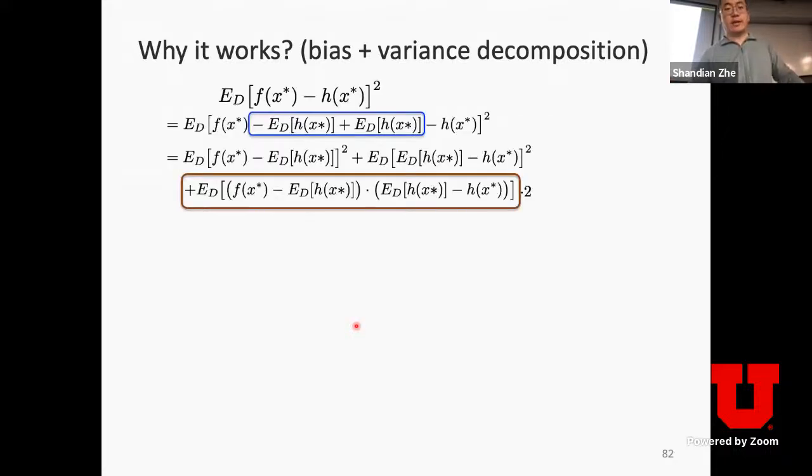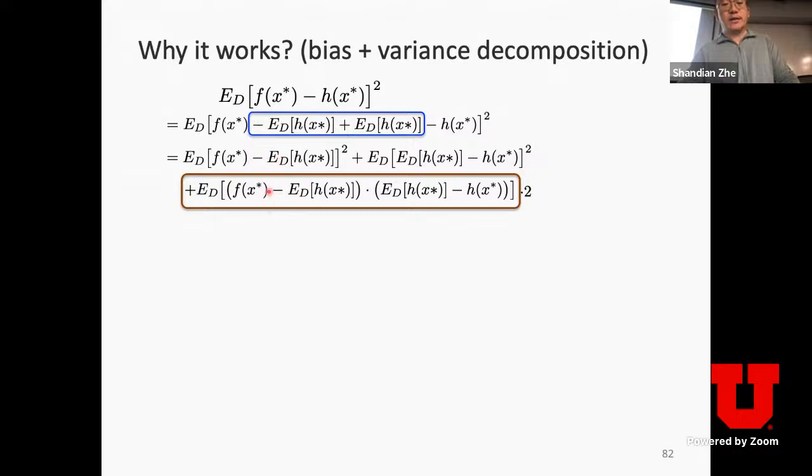We can leverage some kind of trick. In this expected squared error, we can plug in the expectation of our prediction from our learned hypothesis H, and subtract it, right? There's no change in the result because these terms cancel. However, if you expand this squared error, you will find a difference.